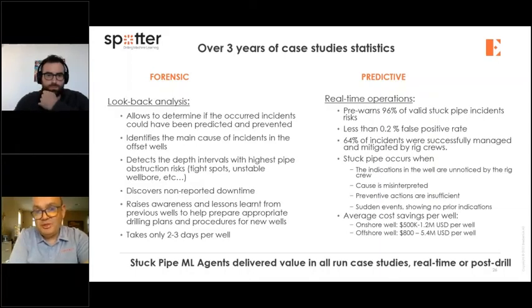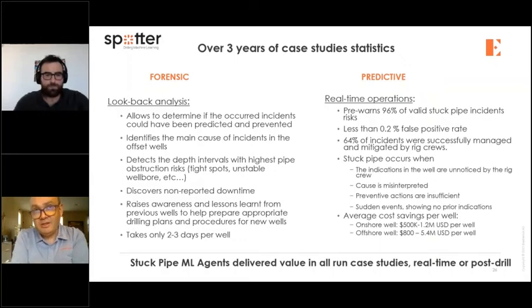What's very interesting is that out of all the issues and risks that were detected and warned to the rig crew and drilling supervisors, only about 64% of these identified risks were actually mitigated.